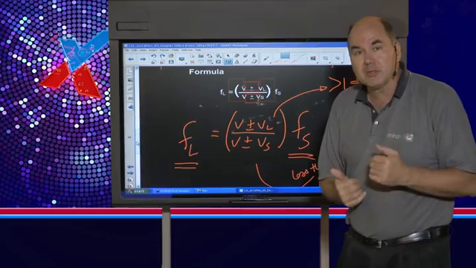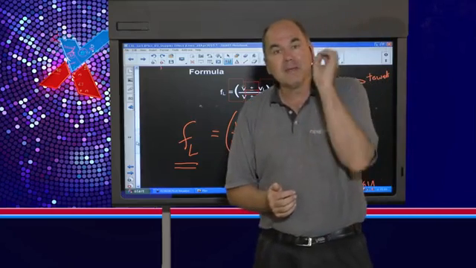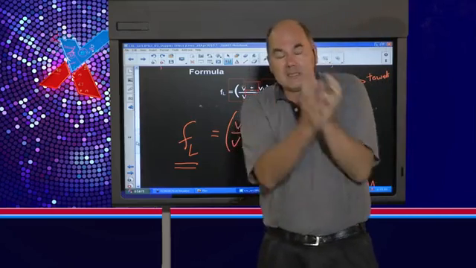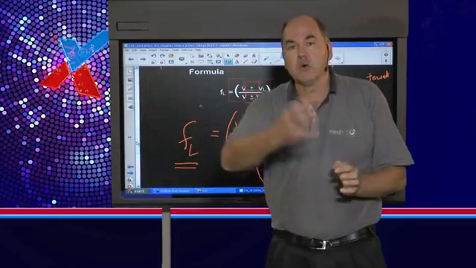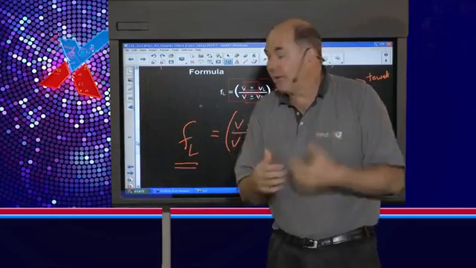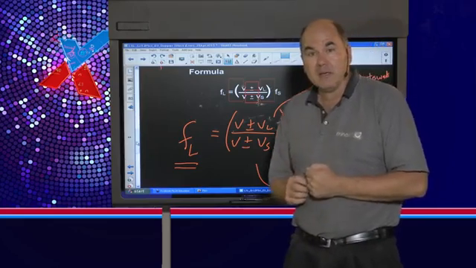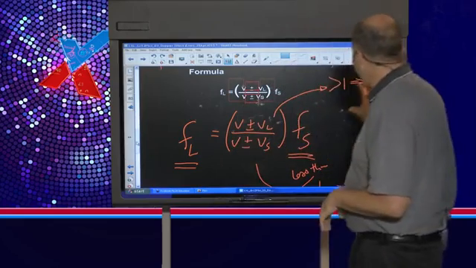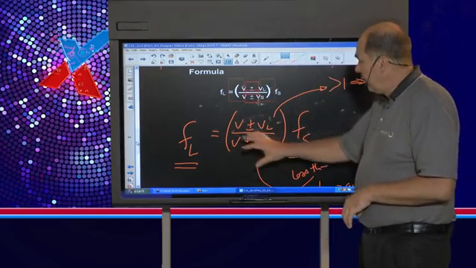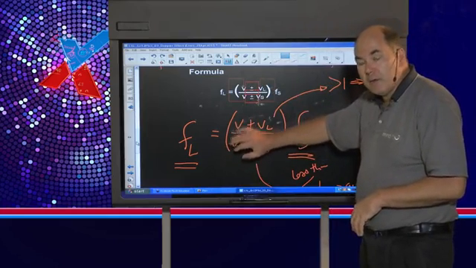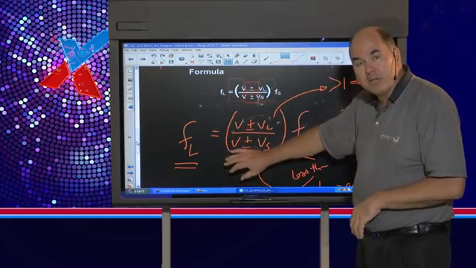From the information that you're given, you can then decide what is stationary, what is moving towards, what's moving away, and decide whether it's a plus or a minus. Because here's the thing. If we want this to be bigger than 1, then the numerator must be bigger than the denominator.